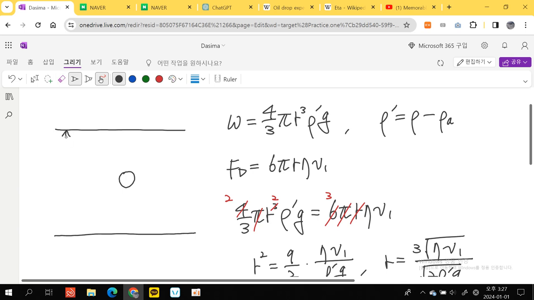The distance of the plates is d, and the voltage applied is V. And if the electrical force is greater than the gravity, the oil drop will move upward. And in this case, the drag force is applied in the same direction as the gravity.